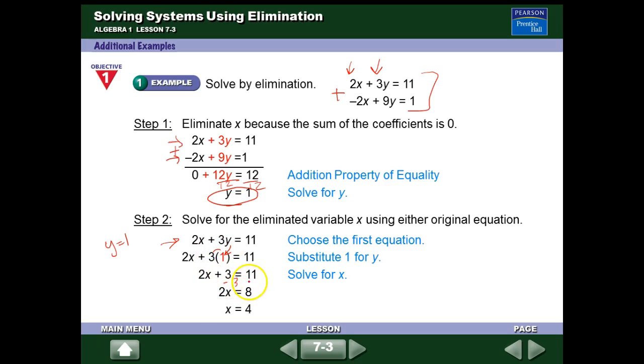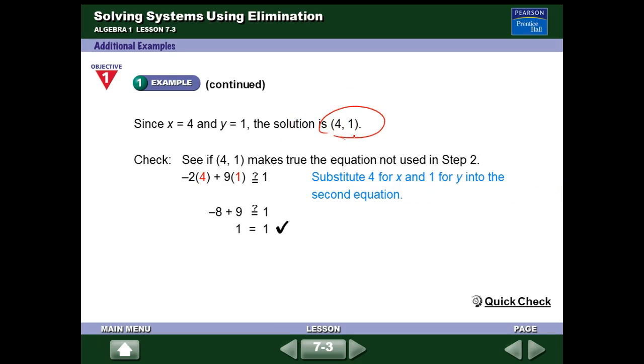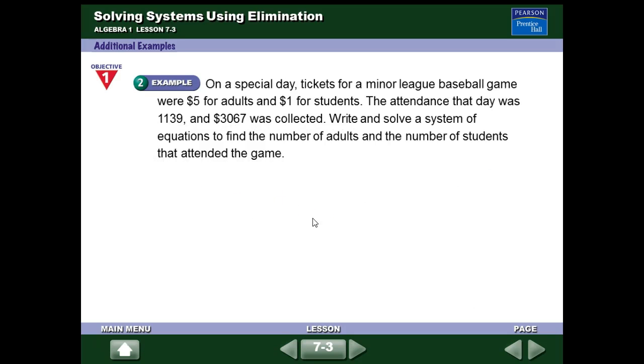We're going to subtract 3 to get 8, and then divide by 2 to get 4. Just like yesterday, y equaled 1, x equals 4, so my solution is (4, 1). You can check that. If you plug your 4 and 1 into your x and y, respectively, you get 1 equals 1 here, and it checks.